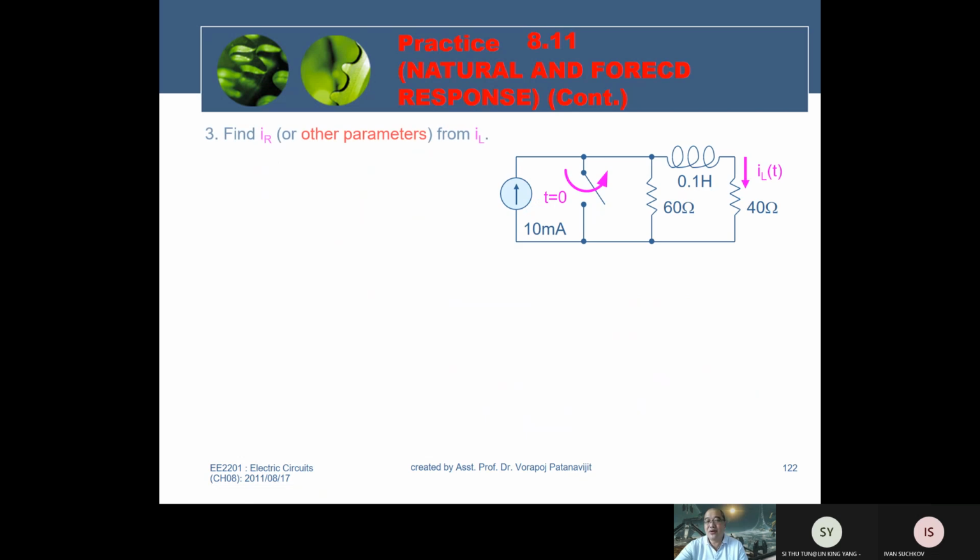Now, the question asks you about IR, the current flowing in the 60 ohm resistor. For time less than 0, the switch is driven by here, driven by 2, 60 ohm.